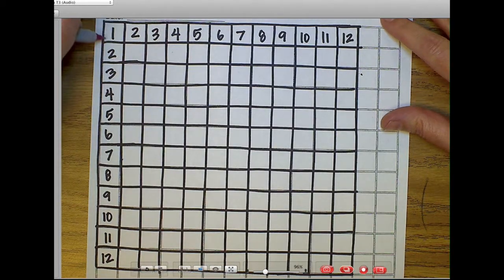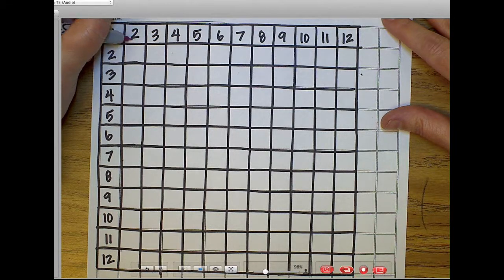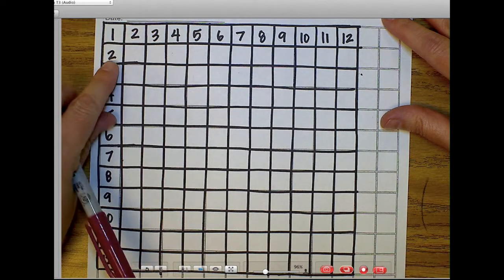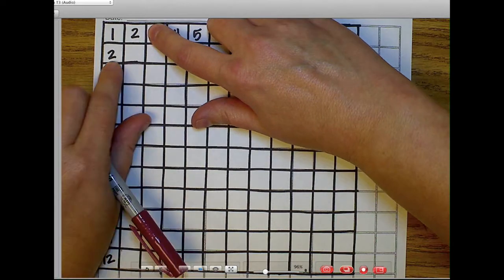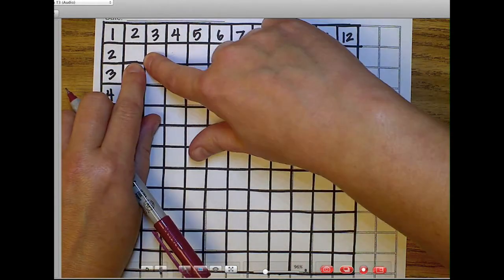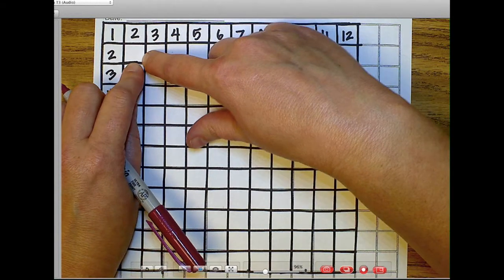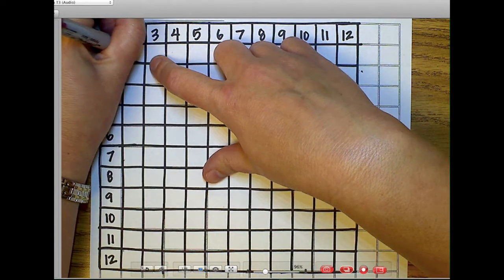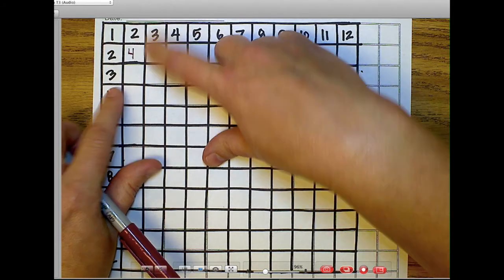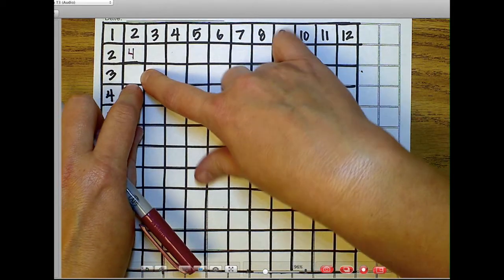To use a multiplication chart, look at the number on the top and the number on the side. If you take your fingers and run them down, you're going to multiply those two numbers. 2 times 2 is? 4. Run them down. 2 times 3 is?